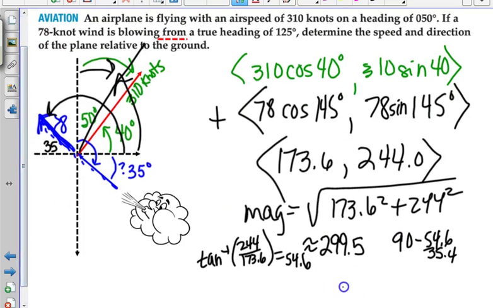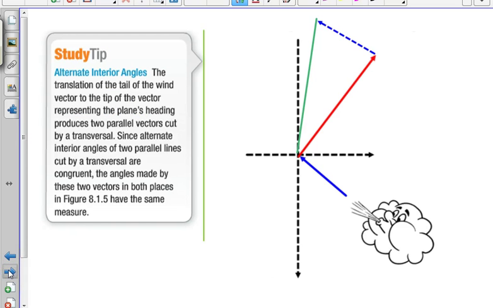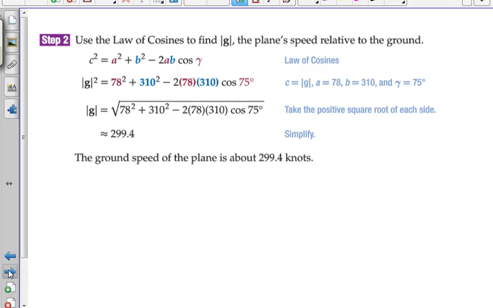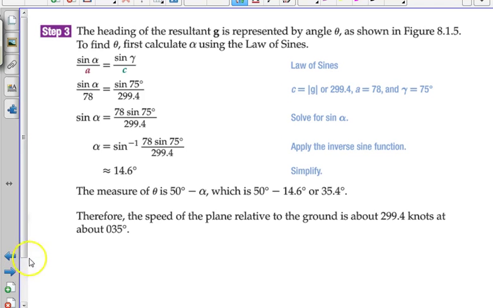Okay. At bearing 035 degrees. All right. So 299.4, is that what we got? Or 0.5? We got 0.45 or something. And 35.4 degrees. We rock it.